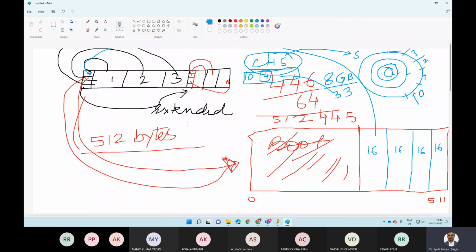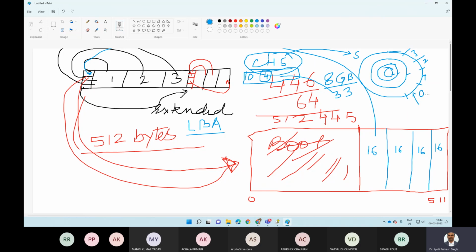Later on, we use LBA addresses, logical basically. So in LBA addressing, instead of addressing with head, cylinder, and sector, we say that all the sectors are given a unique number.